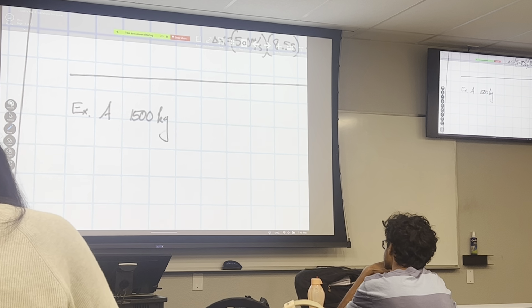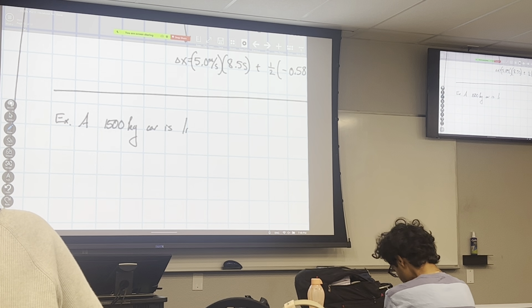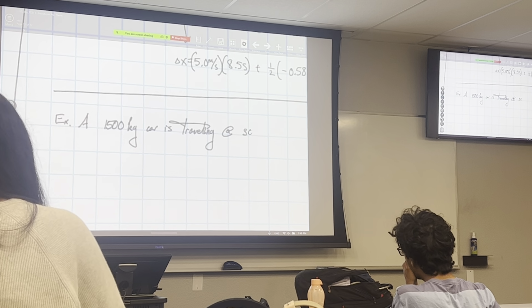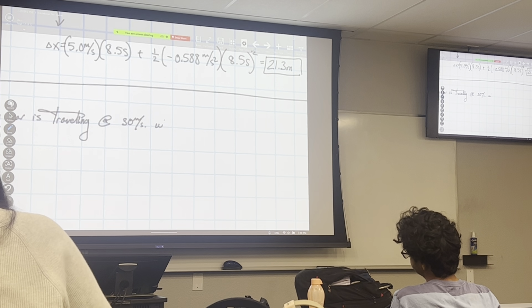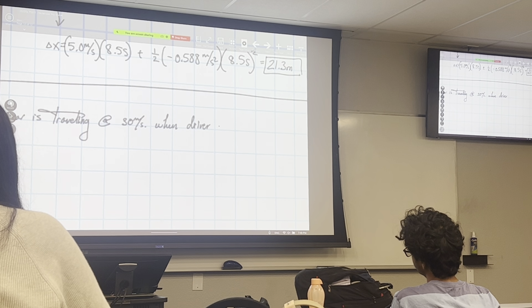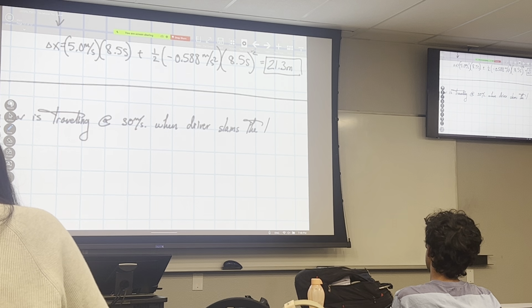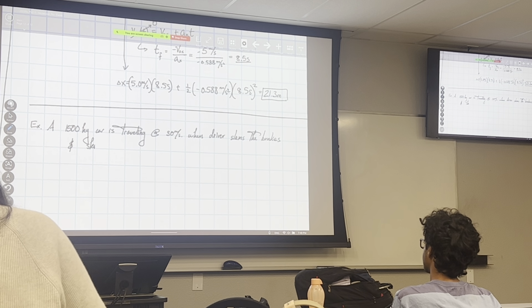Let's say a 1,500 kilogram car is traveling at 30 meters per second when the driver slams on the brakes and skids to a halt.